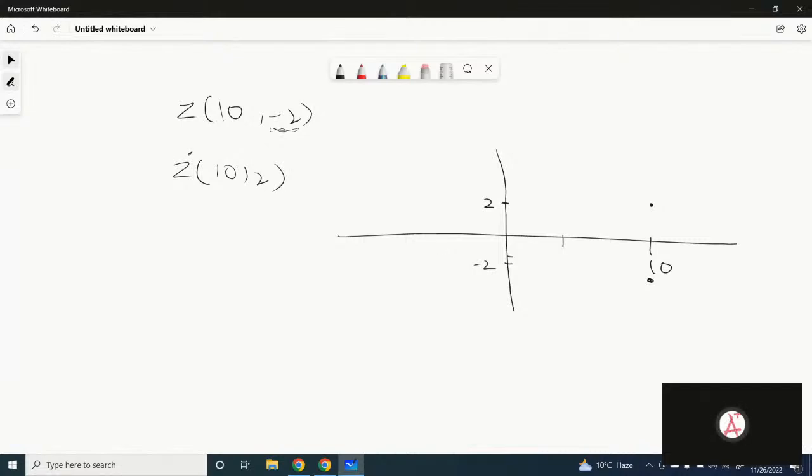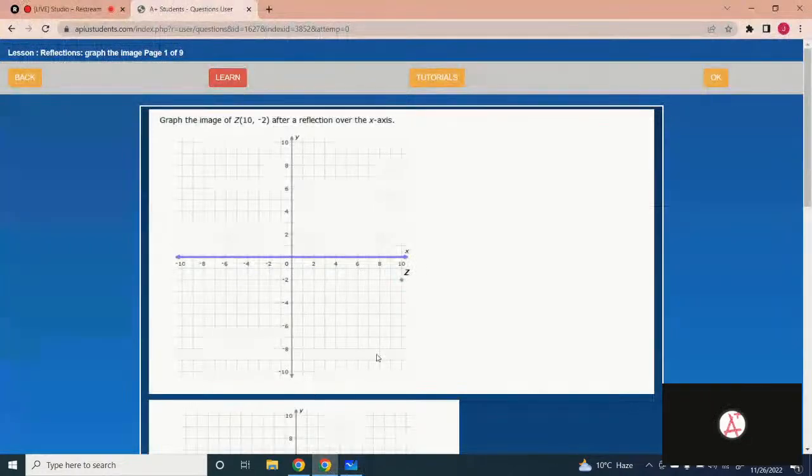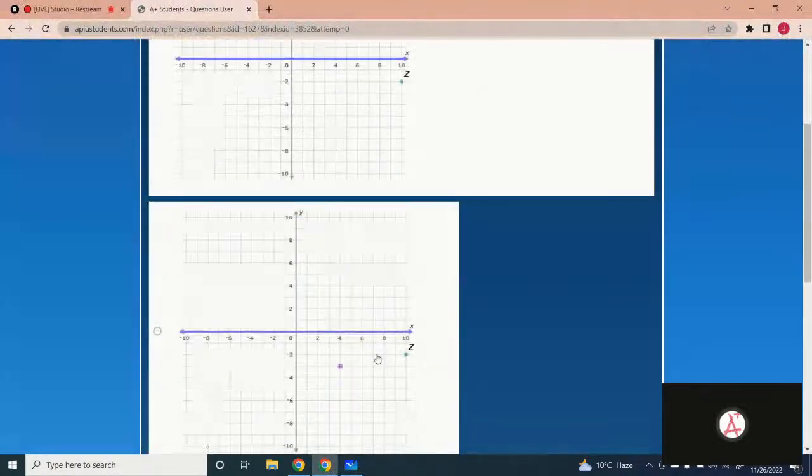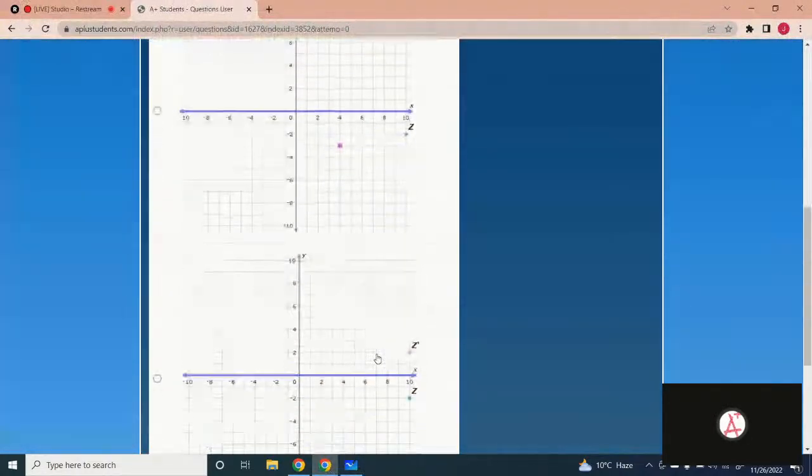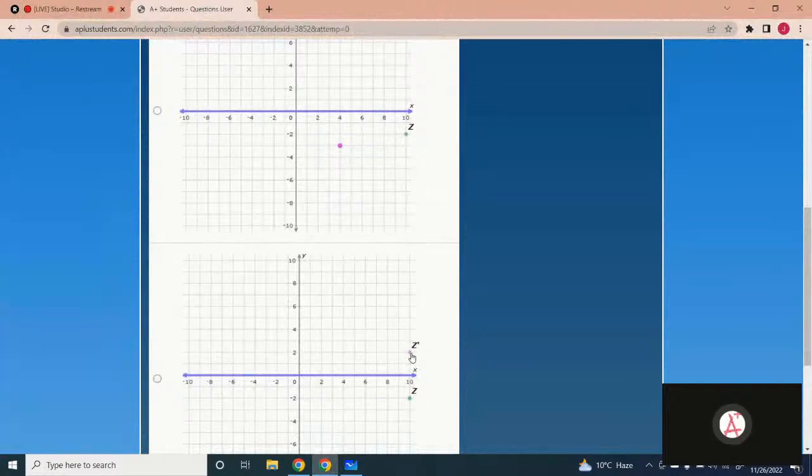It would be 10 and 2. Got it, everyone? So the new coordinates are 10 and 2. This one. Here x is 10, y is 2. So just select the correct option and click on the OK button.